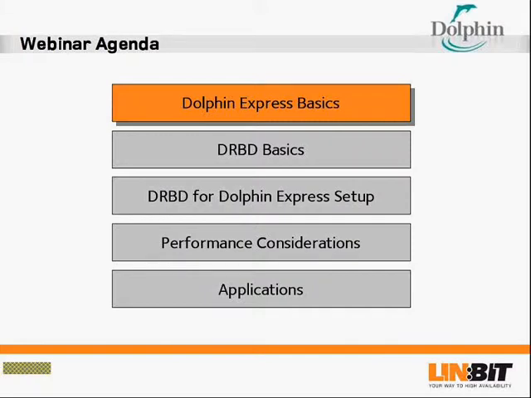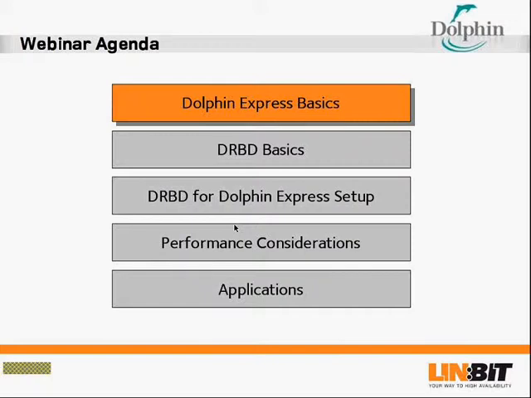We're then going to be talking about how to actually set up and configure a DRBD for Dolphin Express replication setup. You will find out that it's actually quite easy and can be a very, very smooth replacement for the Ethernet and TCP-based replication that the majority of you are going to be using at this time for DRBD.